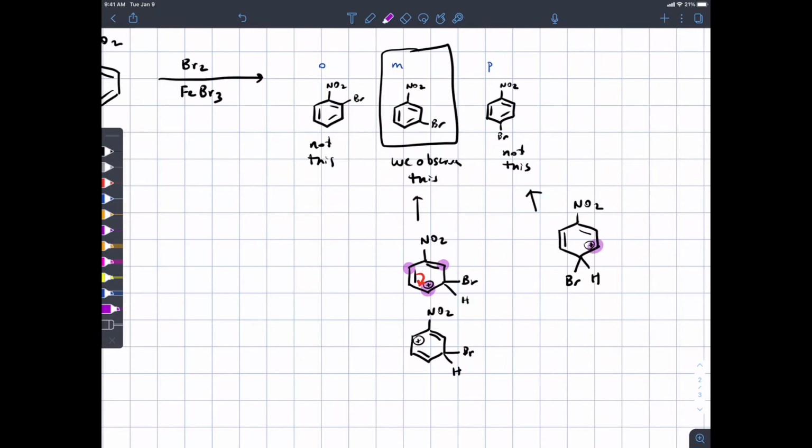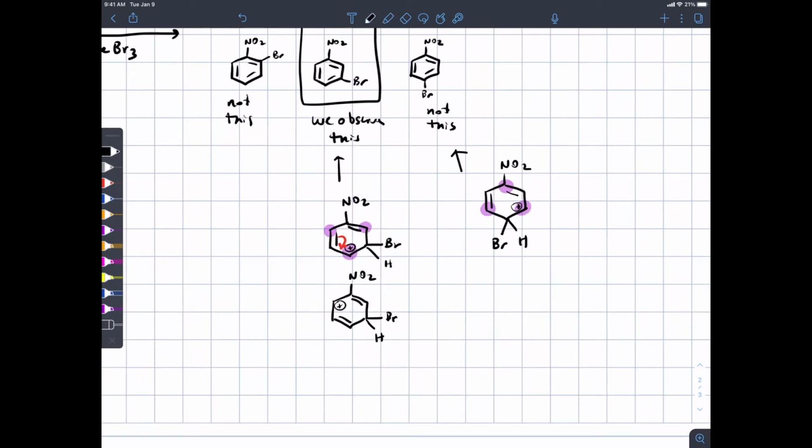That positive charge is going to be delocalized, and one of the resonance structures is going to have that positive charge immediately next to the nitrogen, which is already withdrawing electron density from the ring. And so you might expect that to be very unstable to have the positive charge adjacent to such a strong electron withdrawing group.